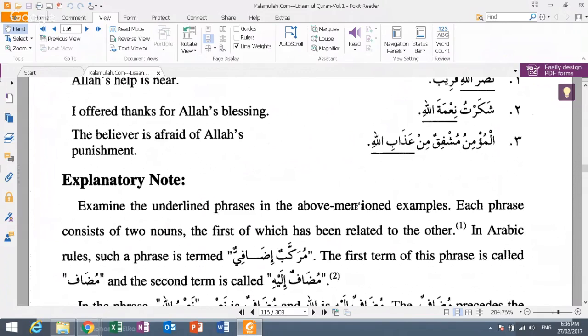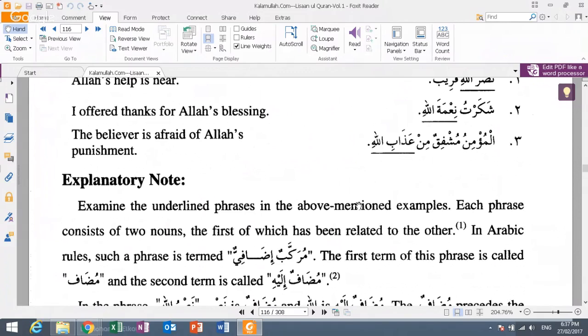There are other murakkab, two types of murakkab. One is a tawsifi, the adjectival. So two nouns, but one gives you the full meaning. We need extra.